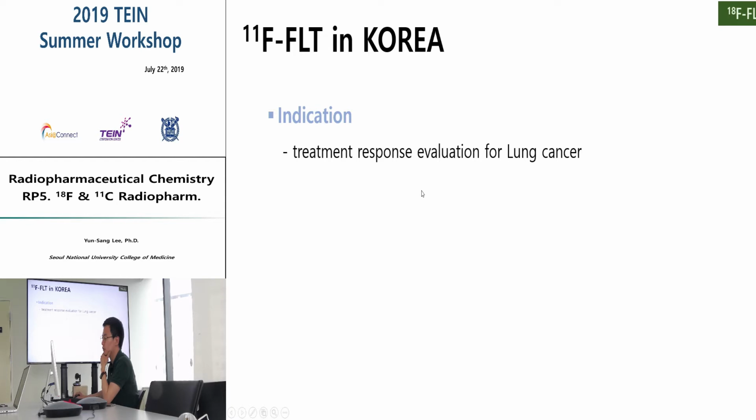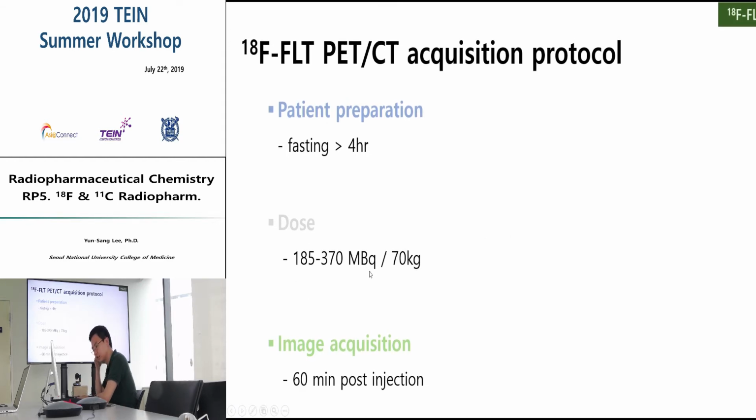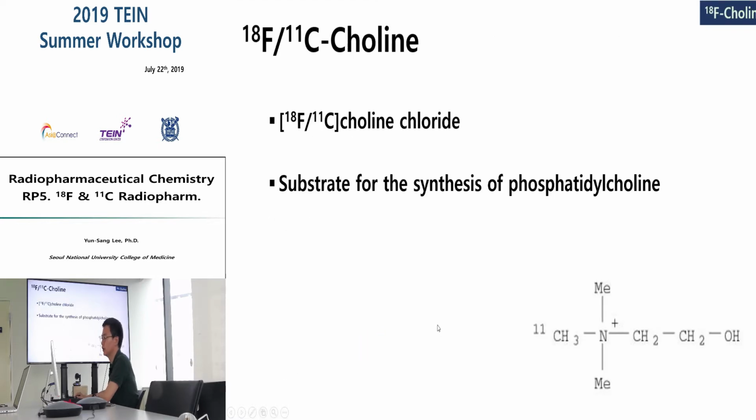Right now for FLT, in clinical use in Korea, it is approved for lung cancer response evaluation, and this is an introduction to the protocol: we took the image 6 minutes after the injection.